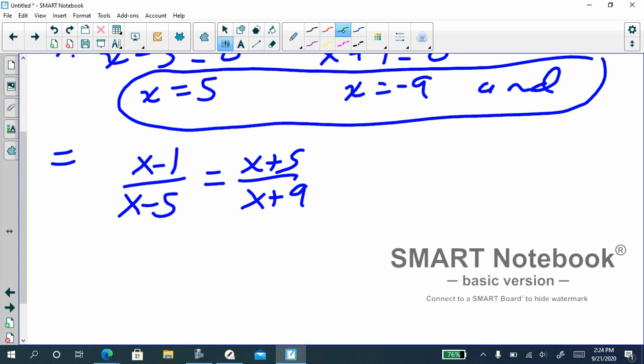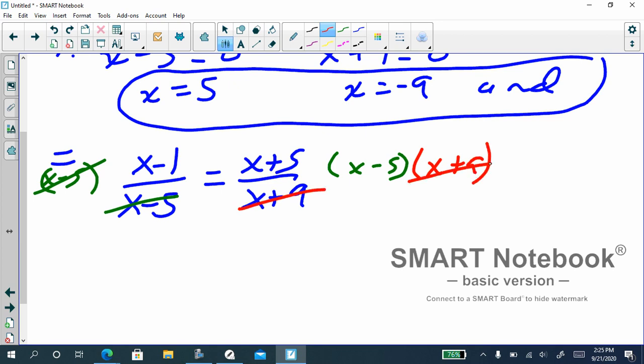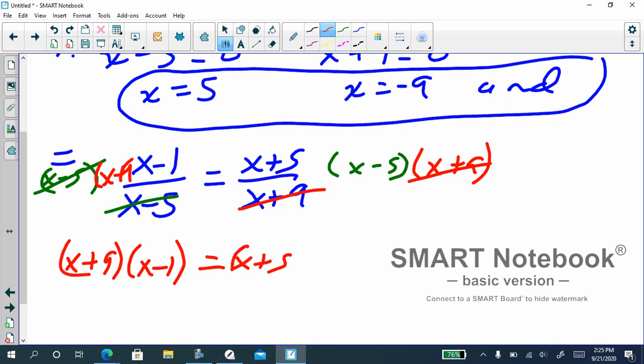To get rid of the x minus 5 on bottom, we would multiply both sides by x minus 5. To get rid of the x plus 9 on bottom, we would multiply both sides by x plus 9. So we would have x plus 9 times x minus 1 equal x plus 5 times x minus 5.